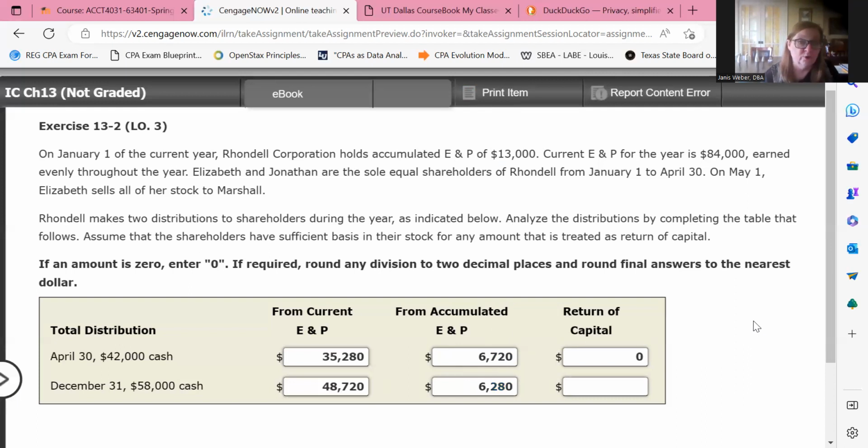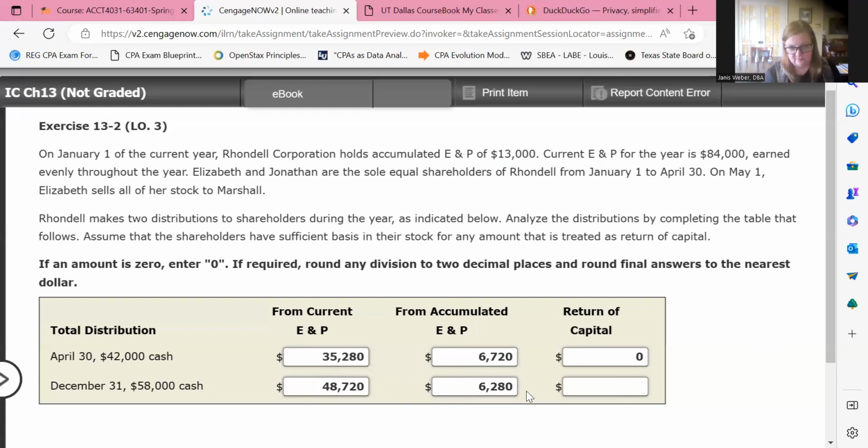So if you look at the second distribution on December 31st, all we did was make up the rest from the accumulated. We couldn't cover the whole 58,000 and say the whole thing was a dividend because we didn't have a combination of current and accumulated E&P to cover the whole 58,000. So part of it is dividend, this combination of 48,720 and 6,280.